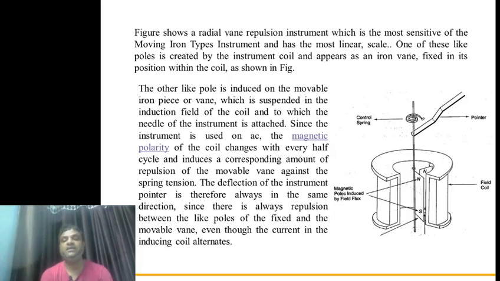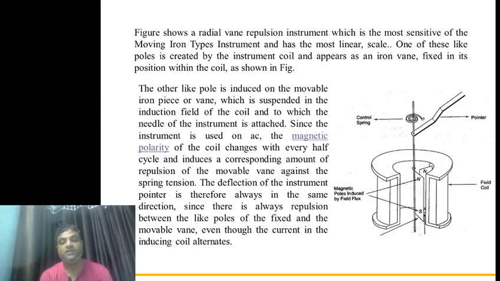So here we basically have two coils, a stationary coil and a moving coil. The moving coil is nothing but a vane. Both coils are designed in such a way that once current flows in the coil, a magnetic field is created in both the moving coil and the stationary coil, and it is arranged in such a way that the induced poles have the same polarity.